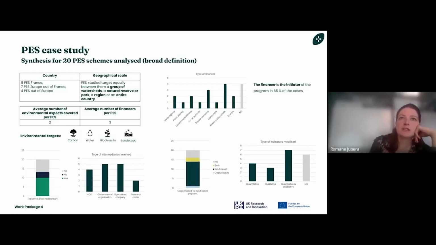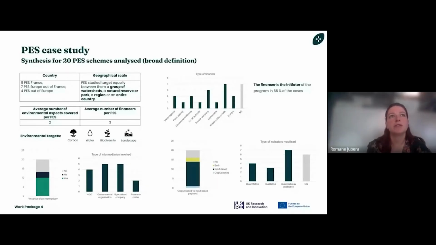Maybe just some additional information regarding the PES case study. It was on purpose that we tried to mix the different ecosystems, different countries and geographical scales, and also different types of financer. So it's normal that we have a lot of diversity. This is what we were seeking.